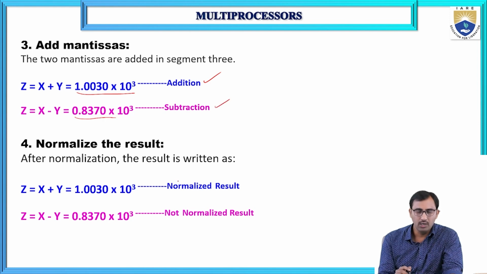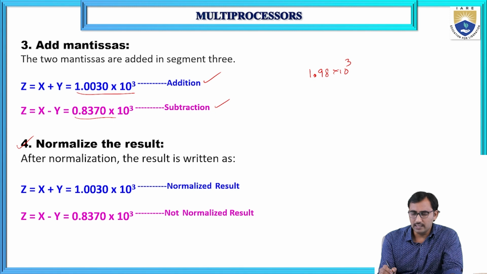Okay. So after performing addition or subtraction, we need to check whether the result is in normalized form or not. Normalized result means, after writing a floating point number, in general we will write something like 1.98 into 10 power 3.